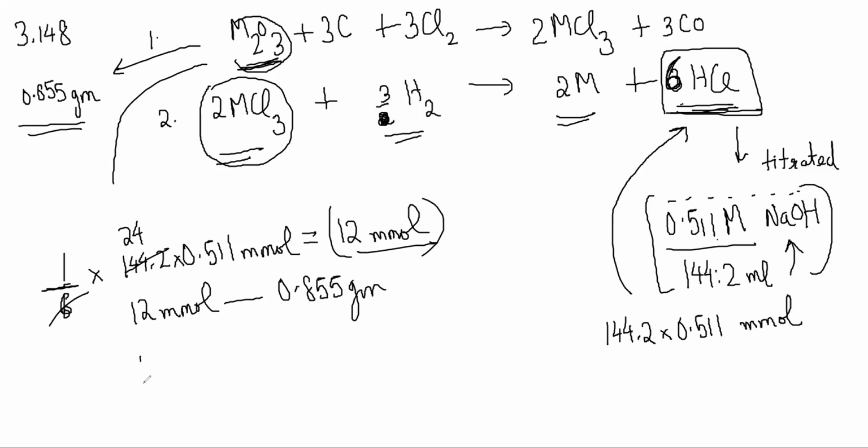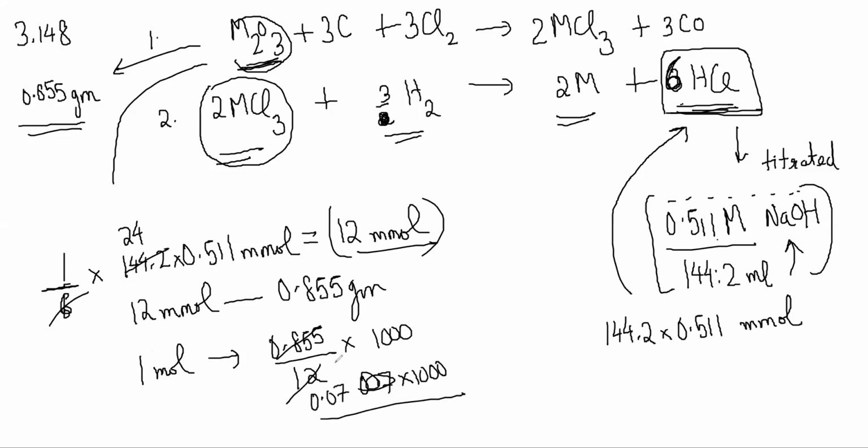So 1 mole weighs 0.855 by 12 into 1000. 12 sevens are 84, so 0.07 into 1000 will become 70. So 70 is approximately the molar mass of this.